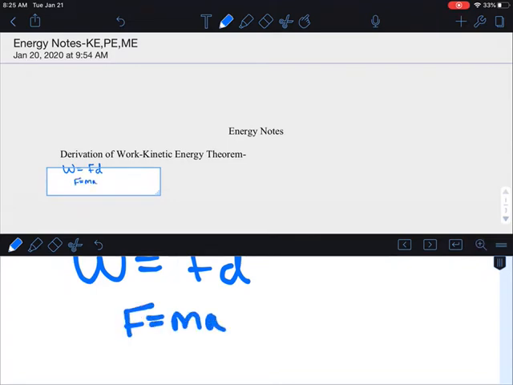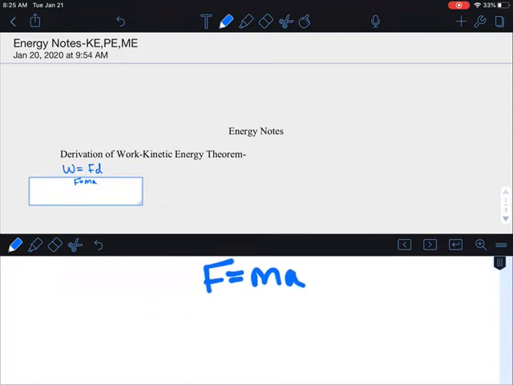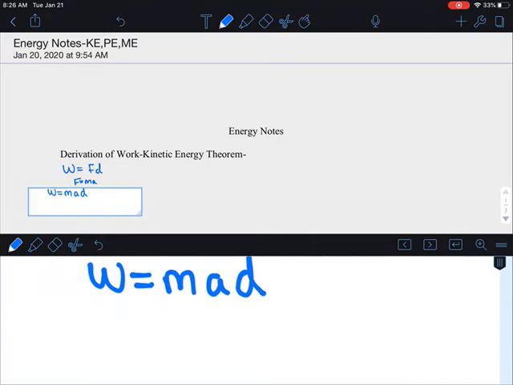So force equals mass times acceleration. So if we plug that in, instead of force, we have mass times acceleration. And it's displacement. We used S in the first semester, but since we've been using D with work, I'm just going to continue using D here. So we got work equals mass times acceleration times displacement.